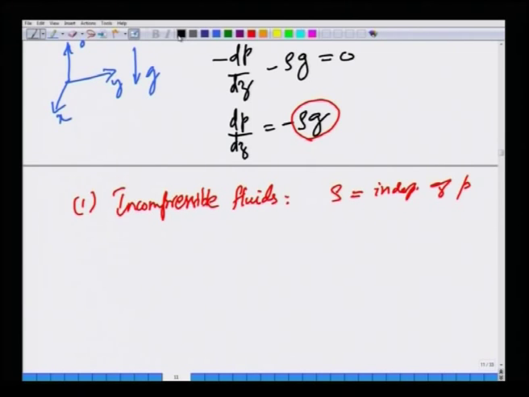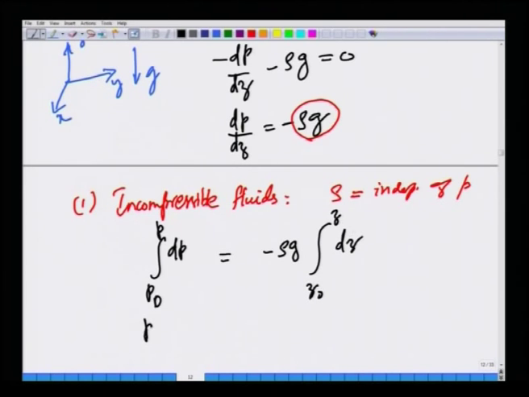So, we can easily integrate this. You get the integral of dP between any 2 points P0 and P is minus rho g times the integral from z0 to z of dz. So, P minus P0 is rho g times z0 minus z.